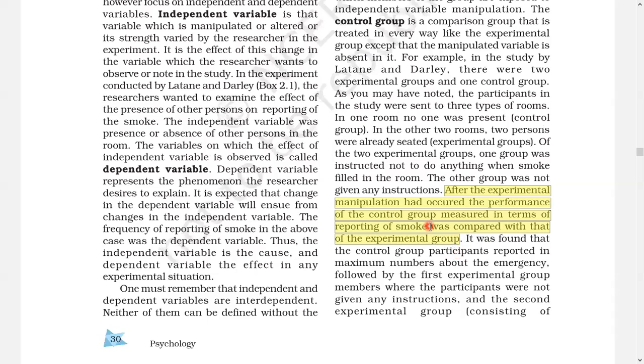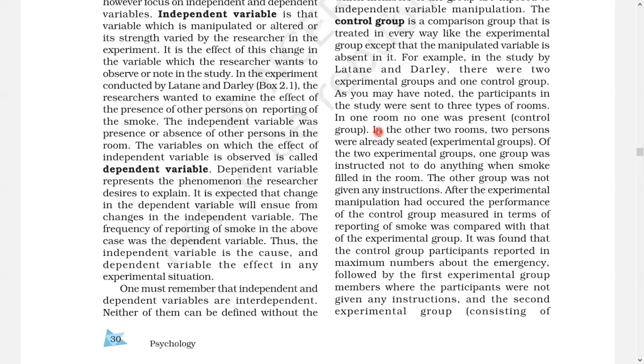In a control group, it is like a naturalistic observation. If you can see, the reporting time is very less. Like the reaction time is very less. They reported immediately. But the other two groups, based on the conditions, like the instructions, reacted in different ways.